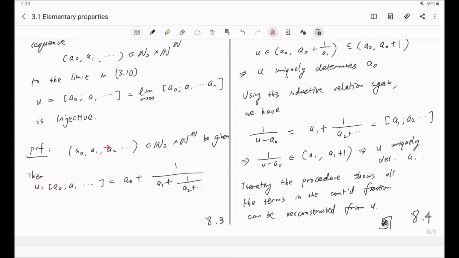You know there's a limit for this continued fraction, but you don't know why this continued fraction is necessarily equal to u.